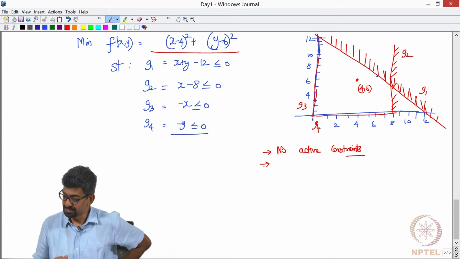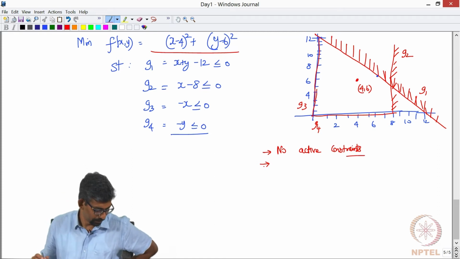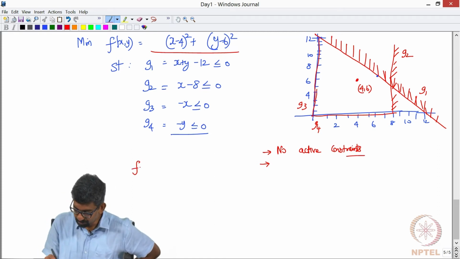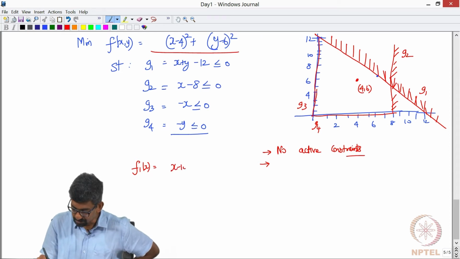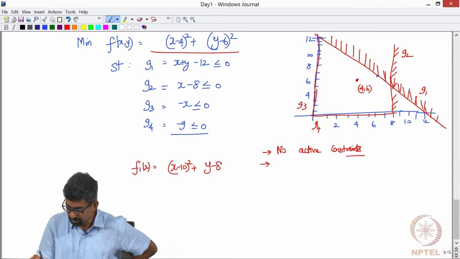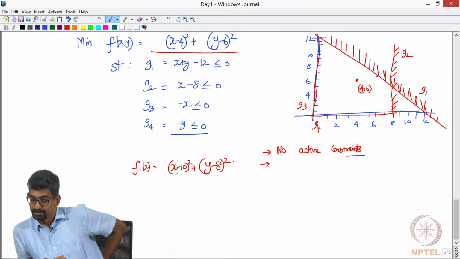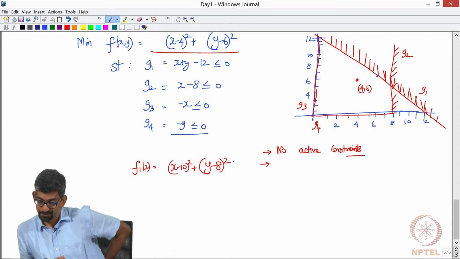Okay. Let us change the same problem, meaning retaining the constraints, but I am changing the objective function. I am giving you a new objective function f1 of x, which is x minus 10 the whole squared plus y minus 8 the whole squared. Yeah, I should have drawn it in the center, but it is okay.